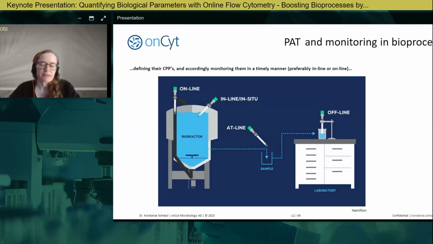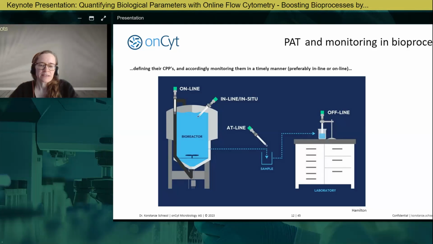Then you get one step closer to the process, which is this at-line thing here. So this is often a method where you still take the sample out of the reactor, but you can process it close to the reactor. Maybe it's a rapid test that you can do there on a bench, and then you have it fast and it's close to the infrastructure.